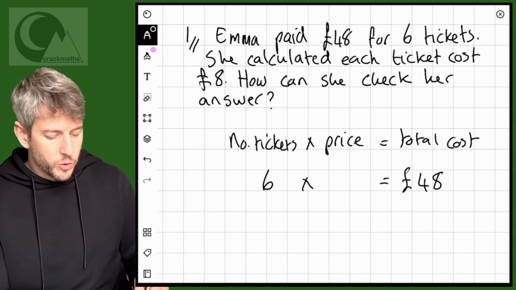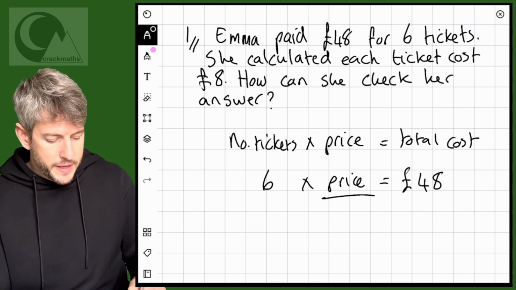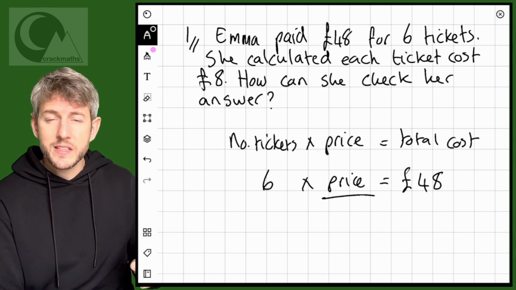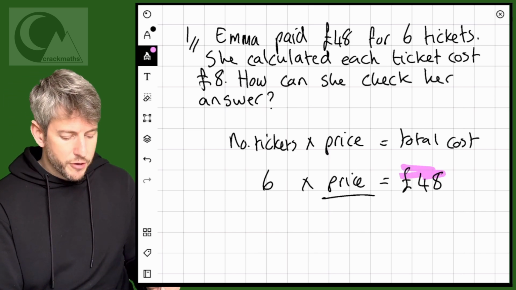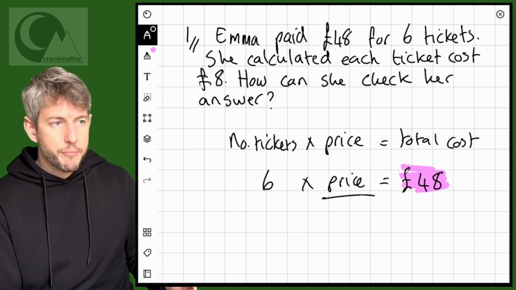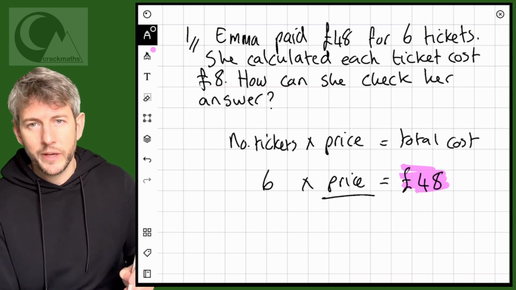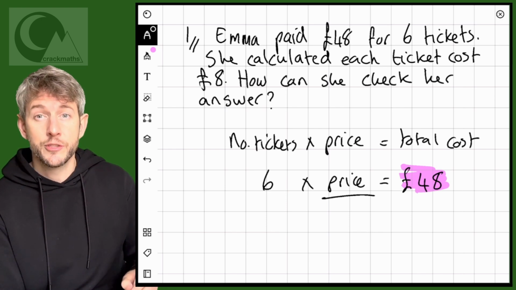Okay, the price is what she calculated, so I'm just going to put price here for the time being. Okay, so we've got two things multiplying together to give a product. So 48 is our product. So if 48 is our product, we know that 48 divided by the price will equal 6, and 48 divided by 6 should equal the price.